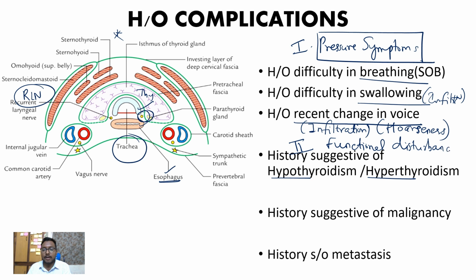What are the functional disturbances you are asking about? One: is there any history suggestive of hypothyroidism or hyperthyroidism? The moment you say no history suggestive of hypothyroidism or hyperthyroidism, the examiner will stop you there and ask what history points you have asked about hypothyroidism or hyperthyroidism.